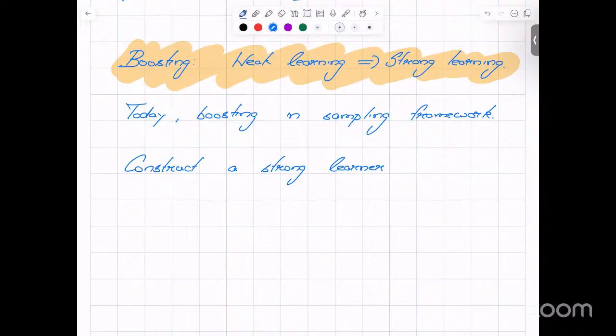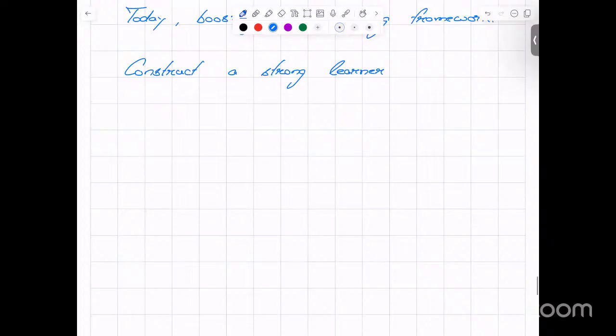Strictly speaking, a strong learner has to work on the entire distribution. What we'll do is the following. We'll first pick n samples, x1 to xn, from the distribution D, and construct a strong learner for the distribution D.